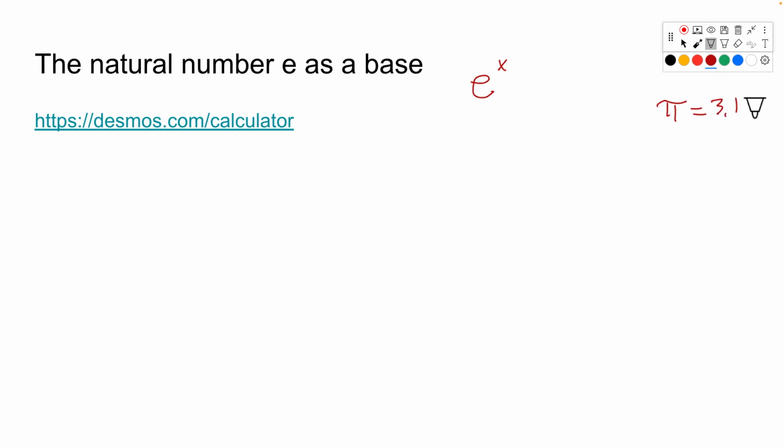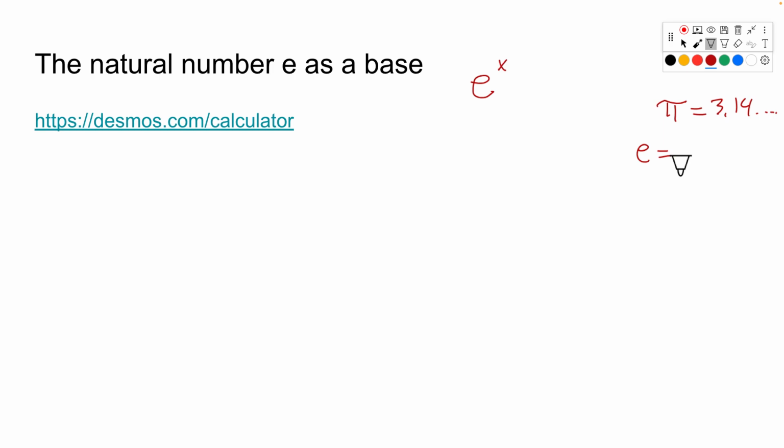Pi is 3.14 with non-repeating, non-terminating decimals. E is a similar number. It's a naturally occurring number, and that's why I say in biology it occurs sort of naturally.